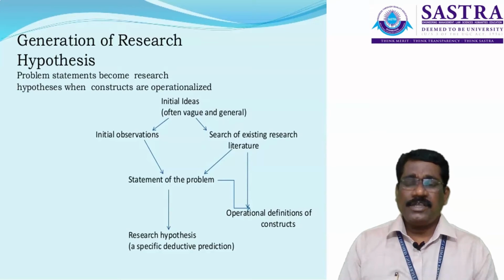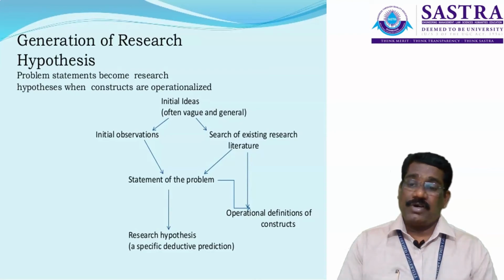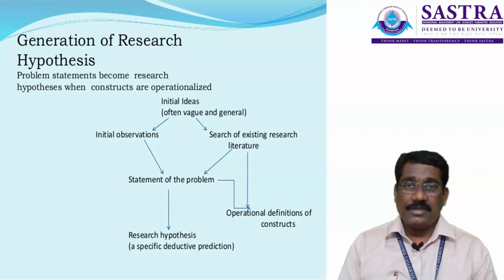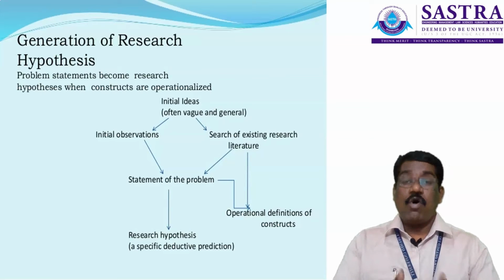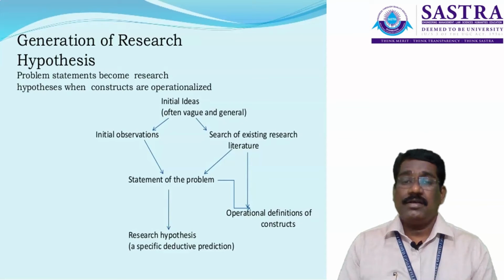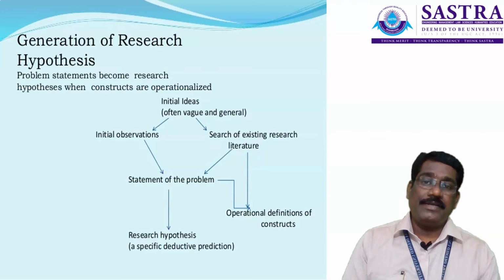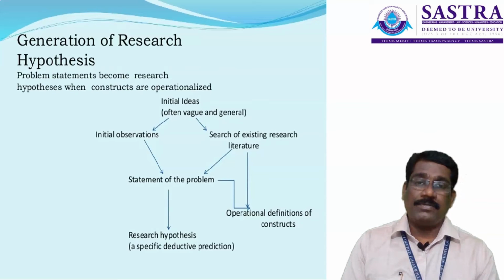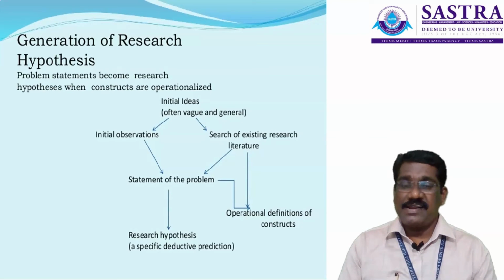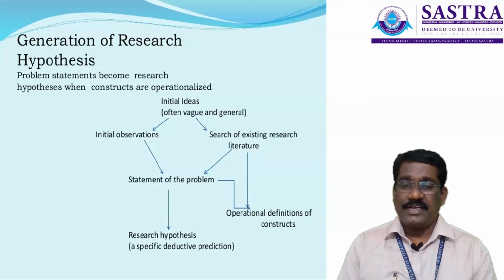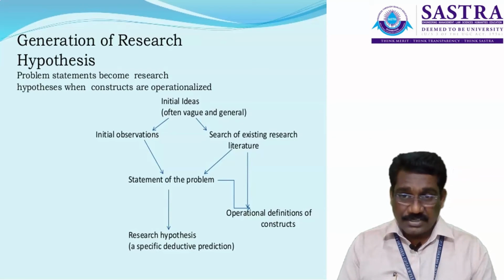So in the process of research hypothesis, you have an initial idea about the problem. You have an often vague and general idea, and you do an initial observation pertaining to that problem. Next, in order to address the problem, whatever relevant secondary data is available, you explore those data through your existing research literature.